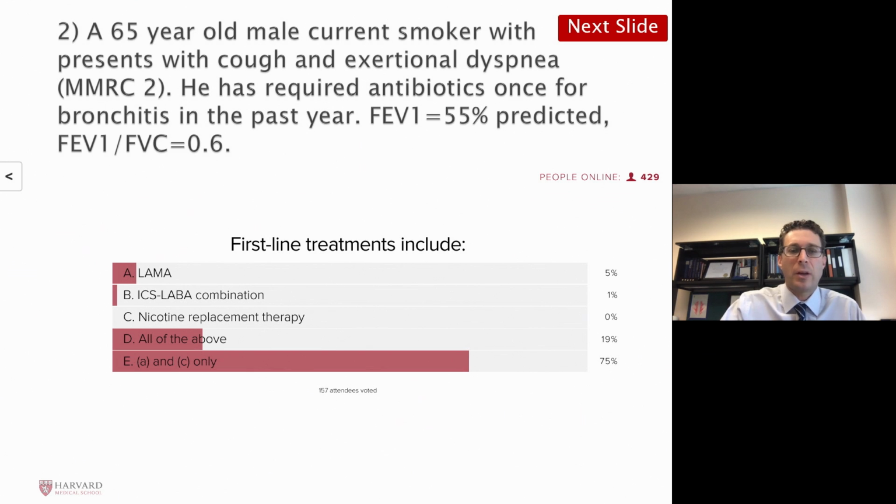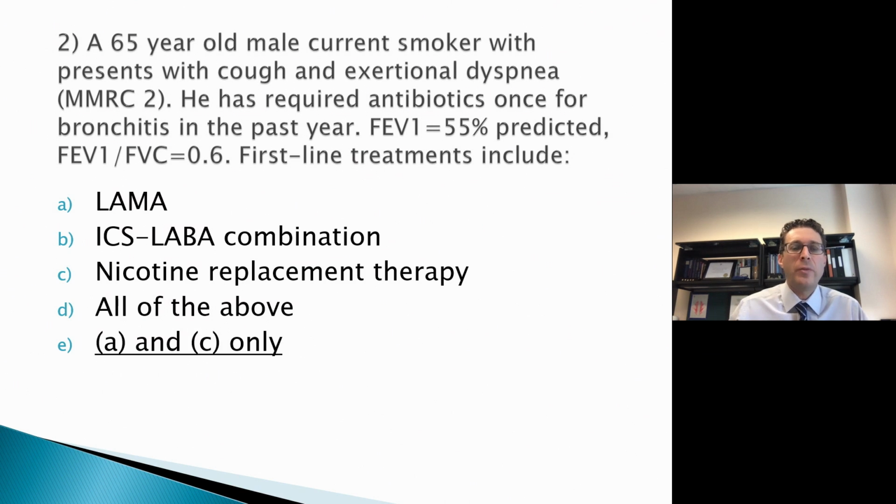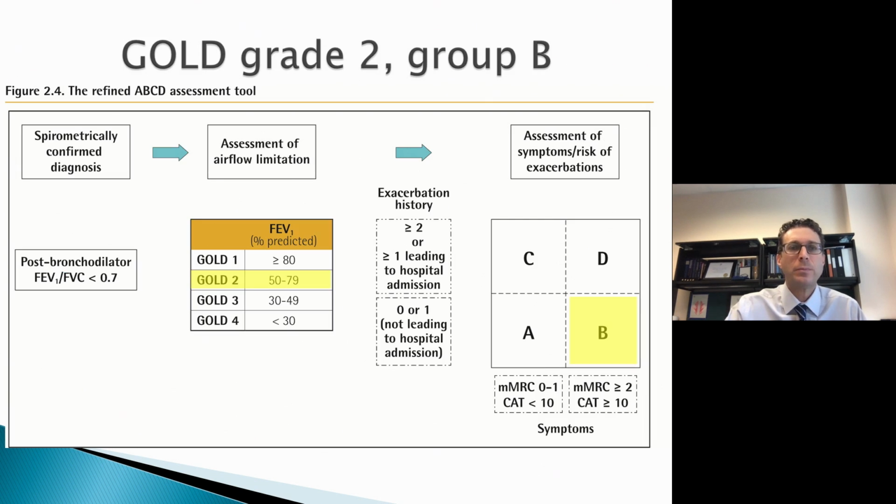Okay, we'll move on to the next slide. So many of you said A and C, which is answer E, which is correct, and several did say all of the above, and we'll go through the reasons why A and C are correct.